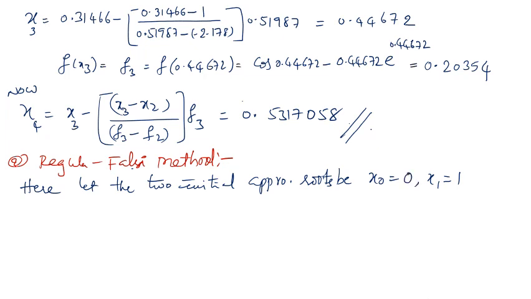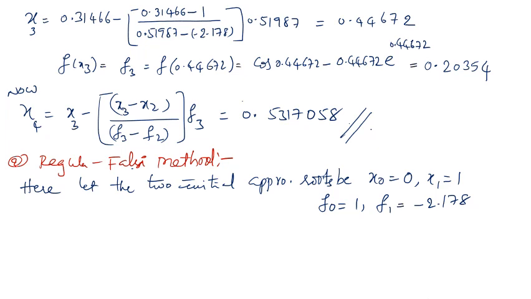Then what is f0? Already we have calculated f0 value as 1, and f1 value is minus 2.178.